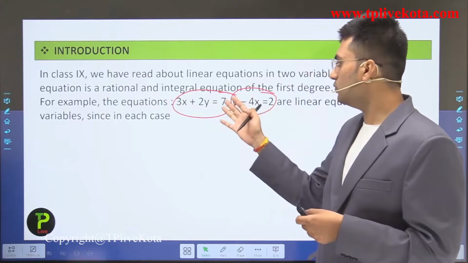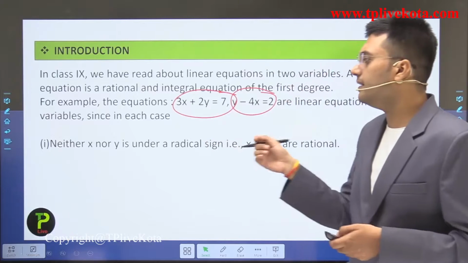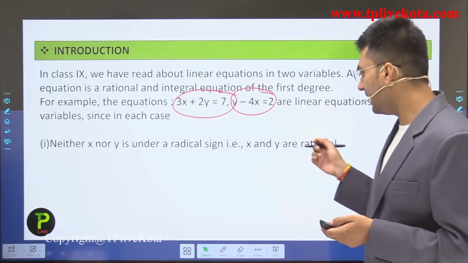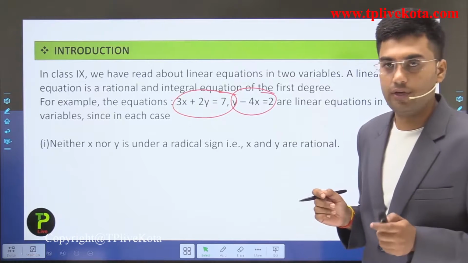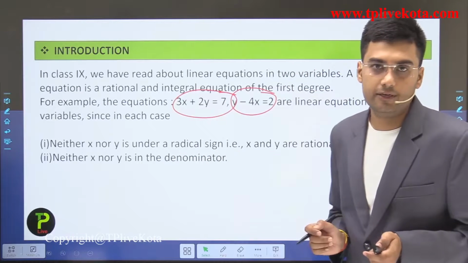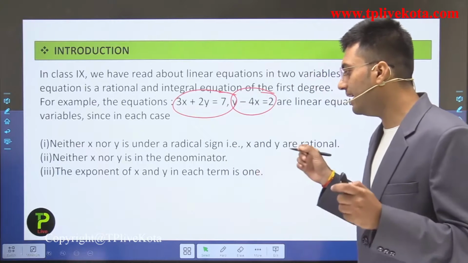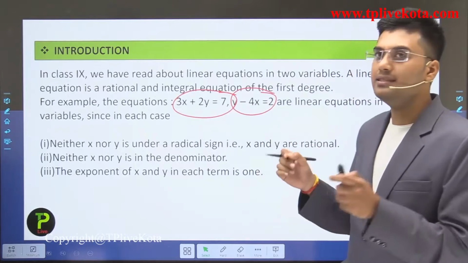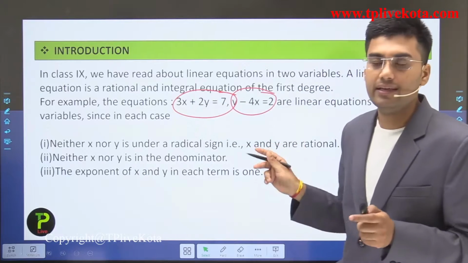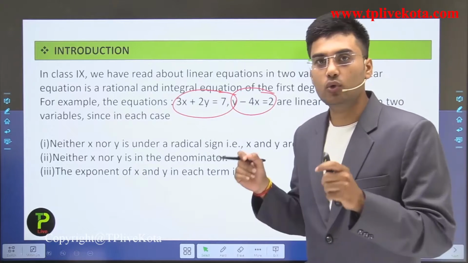When we observe these two examples, in each case neither x nor y is under a radical sign, that is, x and y are rational. Neither x nor y is in the denominator. And lastly, the exponent of x and y in each term is 1, so we can call it a linear equation in two variables.